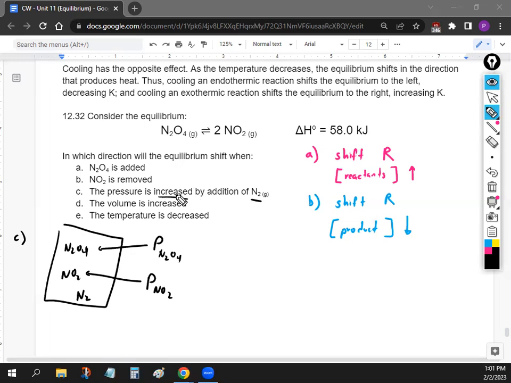So the total system pressure goes up, which means the nitrogen has its own partial pressure. But did we change the partial pressure of these two? No, they have the same partial pressure. So if the pressure of the reacting gases does not change, it's kind of a trick question. I should have told you. Yes, there's actually no change.